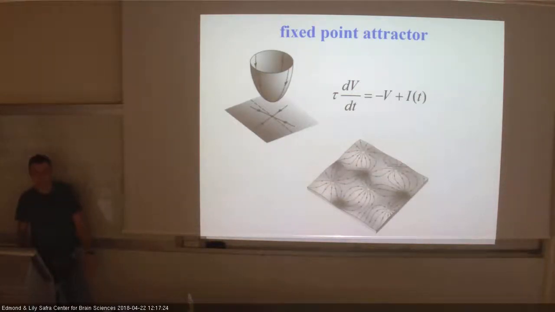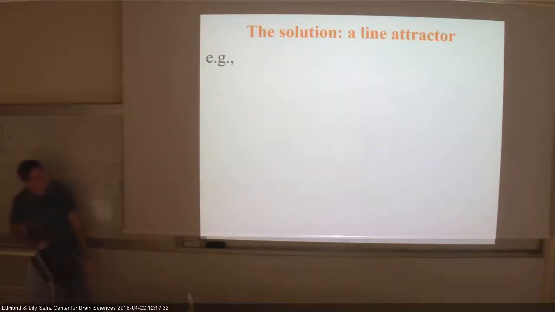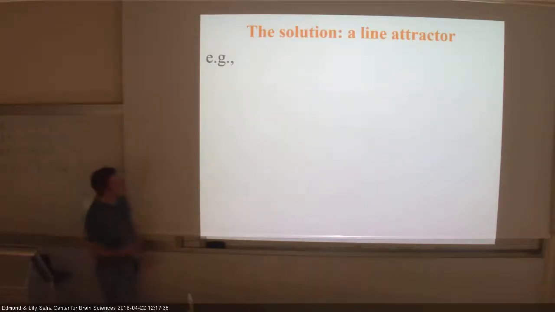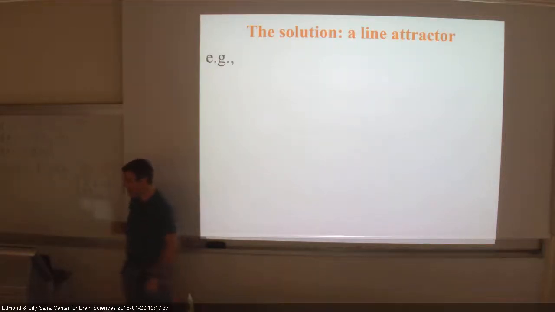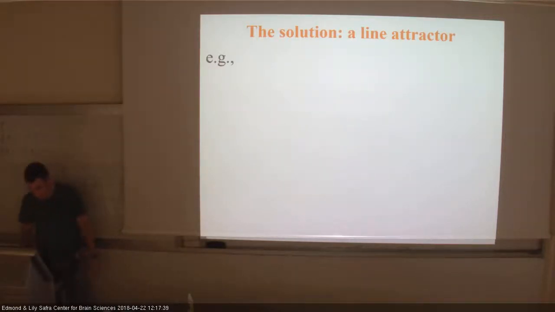The attractor or the solution that we discussed, the one that appears on this whiteboard, is rather unique, and it's called line attractor or manifold attractor. And the idea is something like the following.